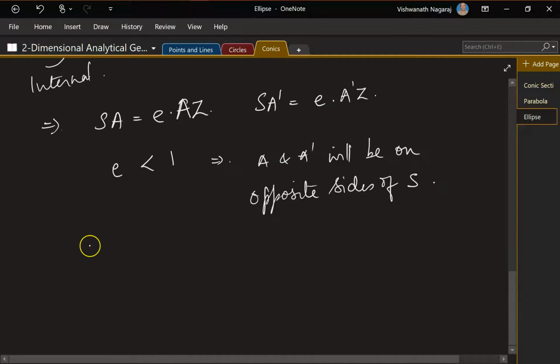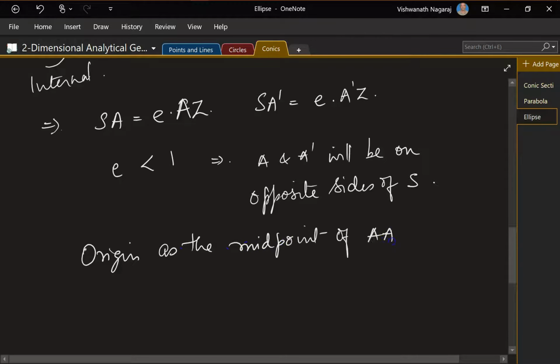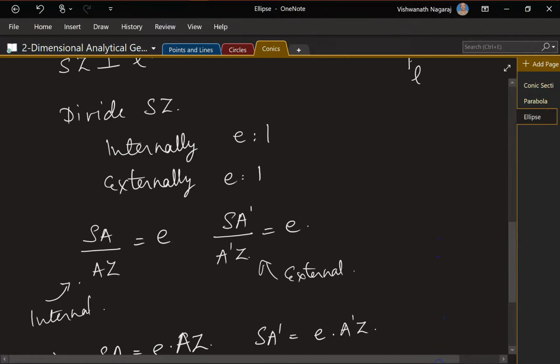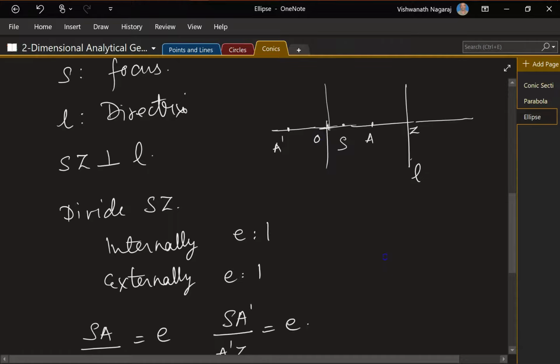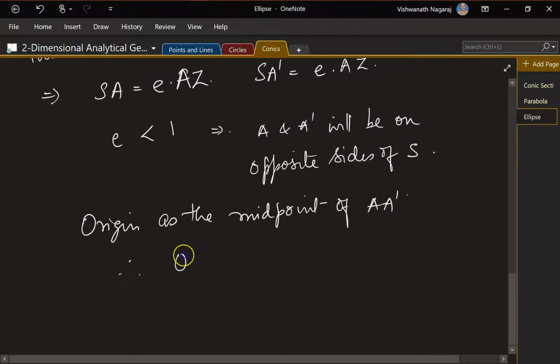So now let's take the origin as the midpoint of A A prime. So take this A prime and take the midpoint of this. So this would be the origin. Midpoint would be the origin. Therefore, because it is midpoint, OA dash is equal to OA is equal to A, let's say.